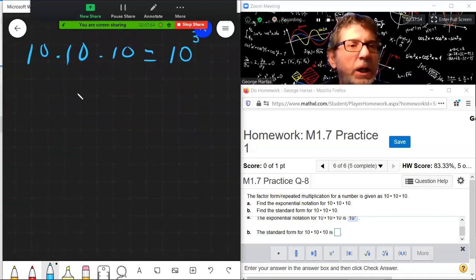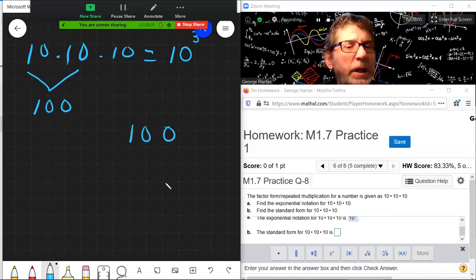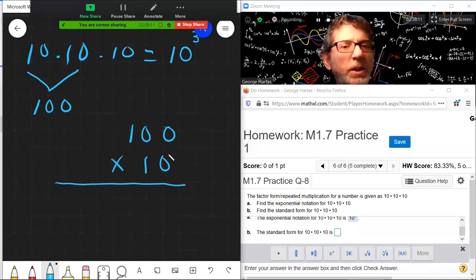Now, I know from multiplication tables that 10 times 10 is 100. All I got to do is multiply that 100 with this other 10 to get my answer. I see 3 zeros to the right of the digits here, ending zeros, right, and 0 times anything is 0, so I'm going to bring them down.